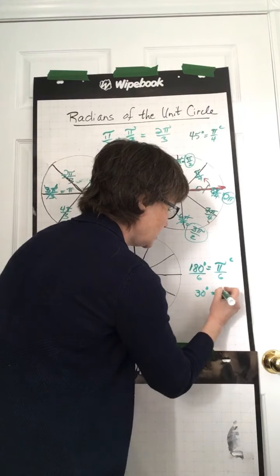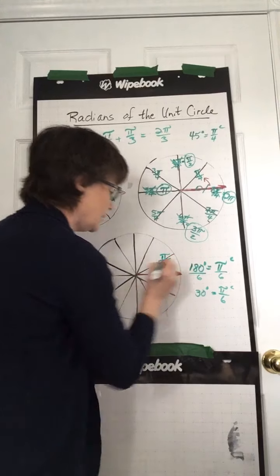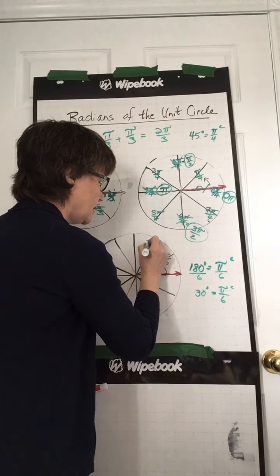So here we go. Same starting point. We must begin here. And for positive angles, go this way. Okay, so first one, pi over 6. Add a pi over 6 to that is 2 pi over 6.